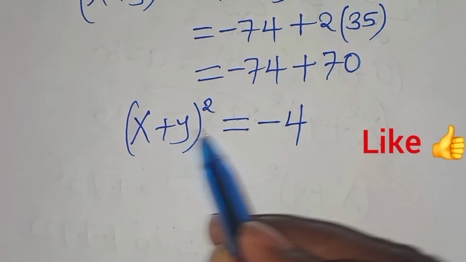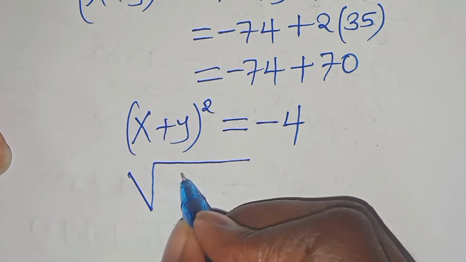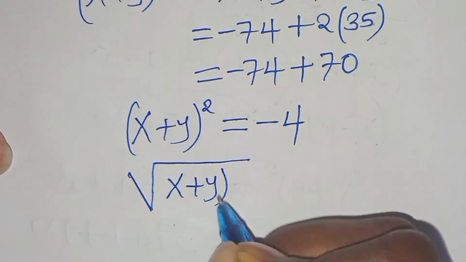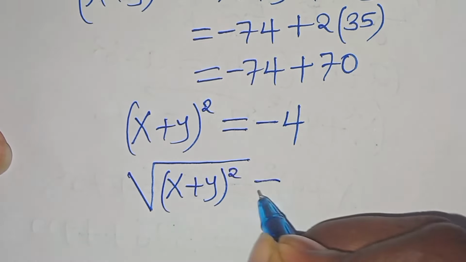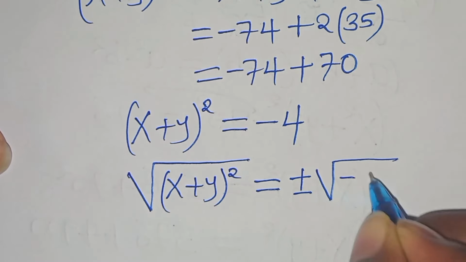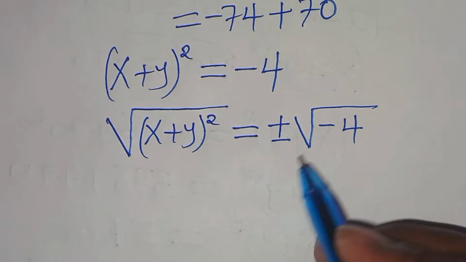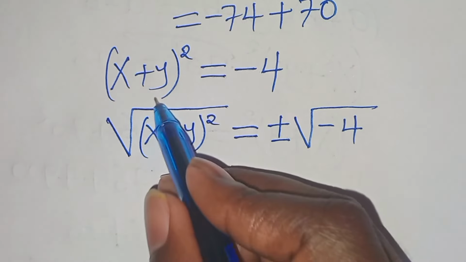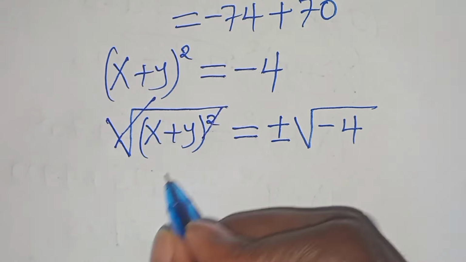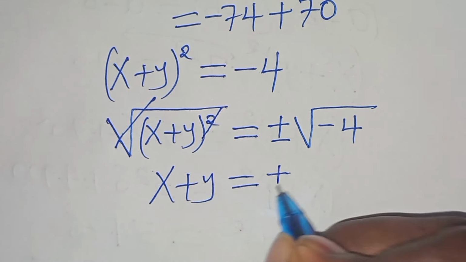Therefore, to solve for x plus y here, we introduce a square root on both sides. That is the square root of (x plus y) raised to the power of 2 equal to plus or minus the square root of minus 4. The next step again from here, let's eliminate the square roots so that we have x plus y equal to plus or minus.